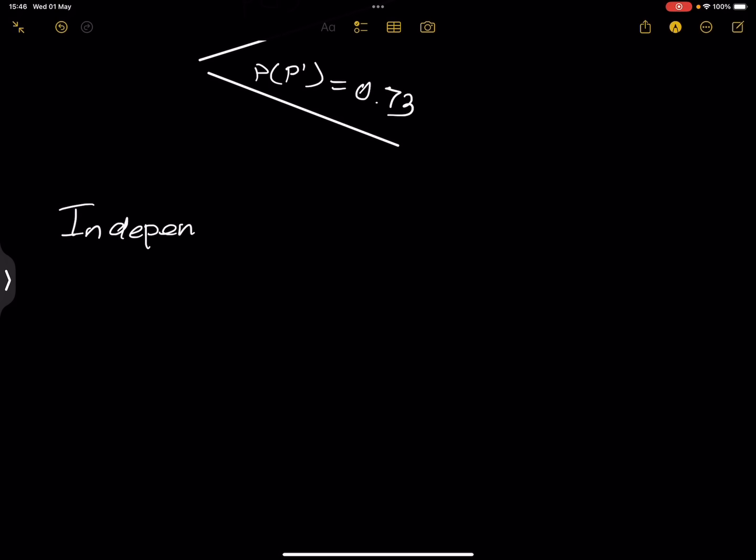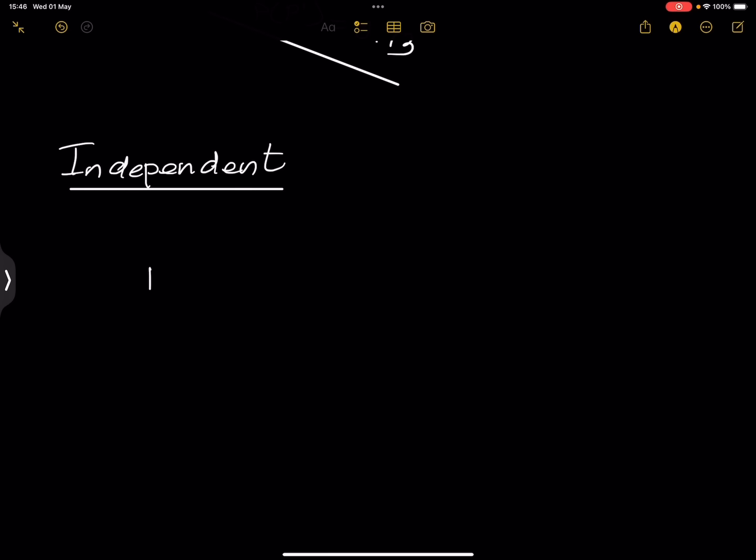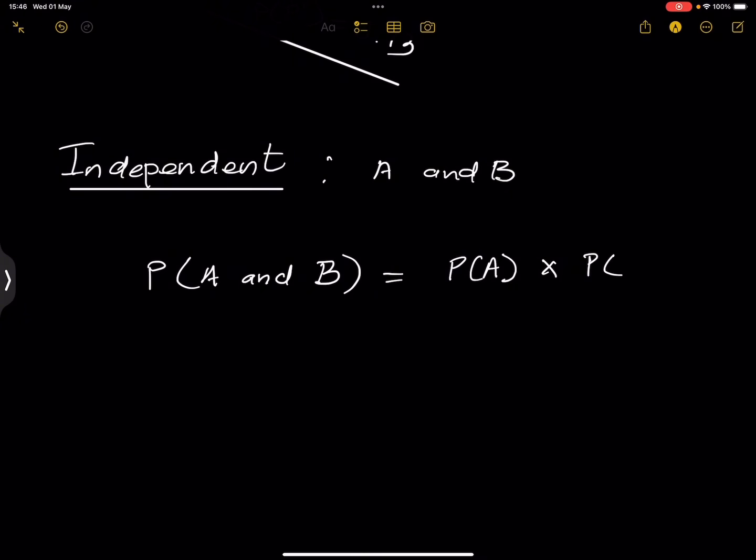If we say that events are independent, then what it means is that, in this case, there are 2 events, event A as well as event B. So the probability of A and B taking place, if I say that those events are independent, then the probability of A and B will be equal to the probability of A multiplied by the probability of B. Please keep this in mind. We're going to do many questions that would require us to know this.